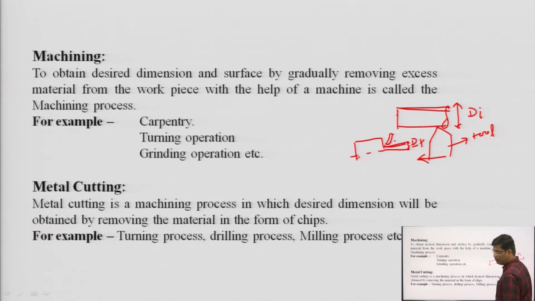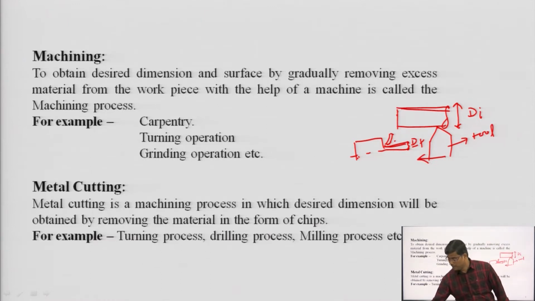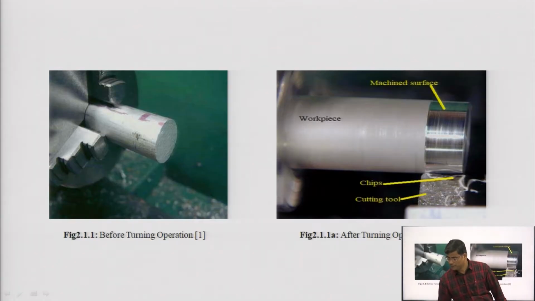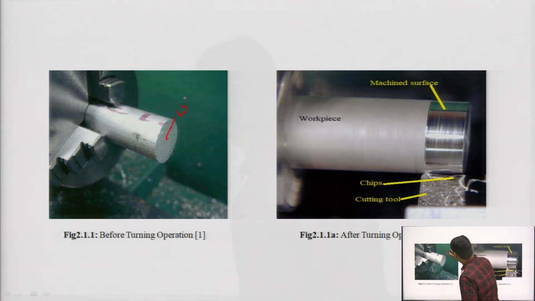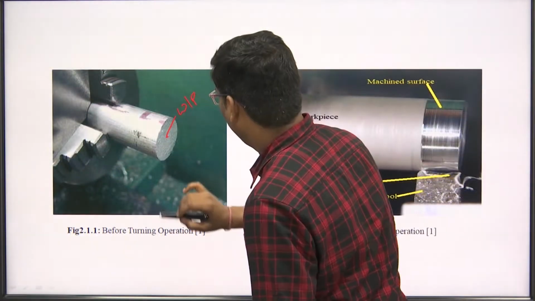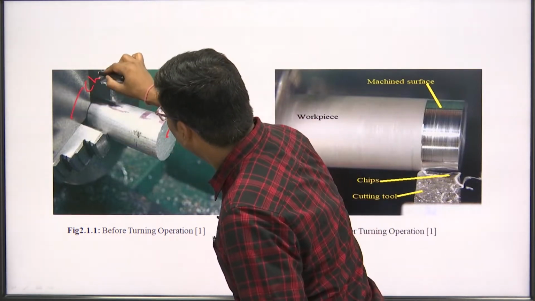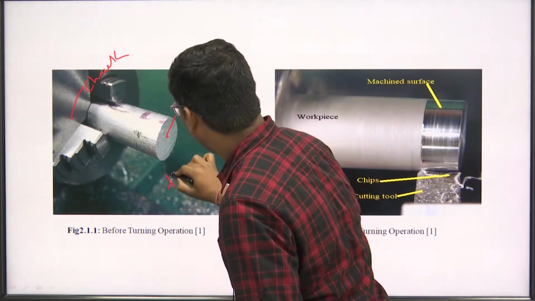So in metal cutting, we obtain the desired shape and size by removing the excess or unwanted material in the form of chips. For example, turning process, drilling process and milling process. In this figure you can see a workpiece before machining, this is a chuck, and it is a turning process.